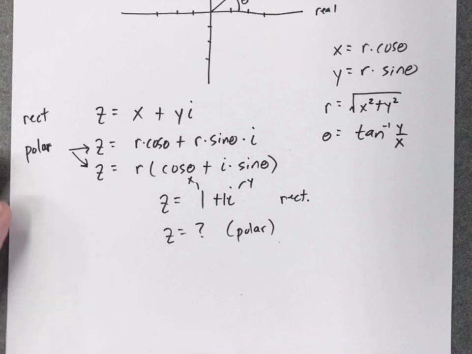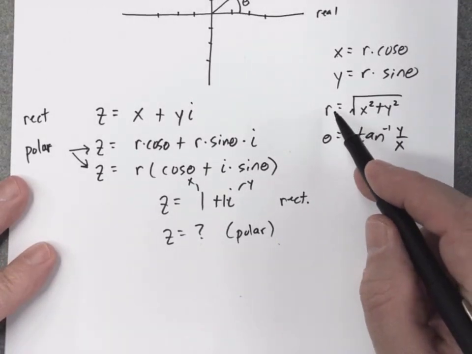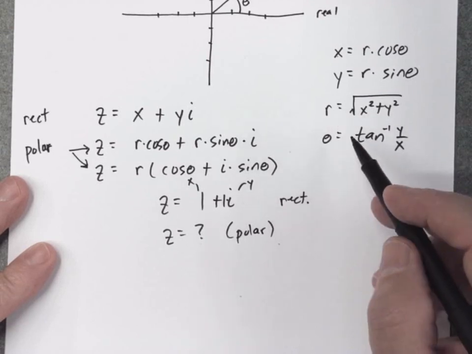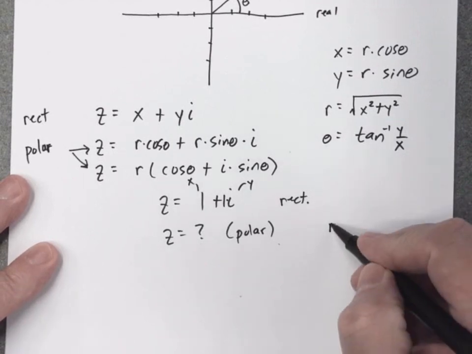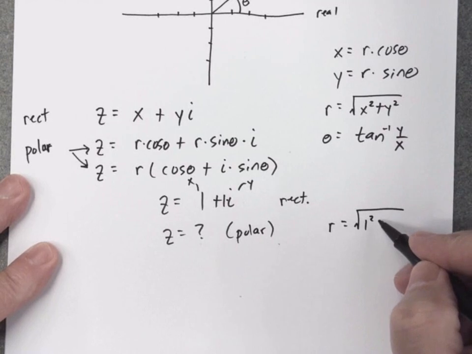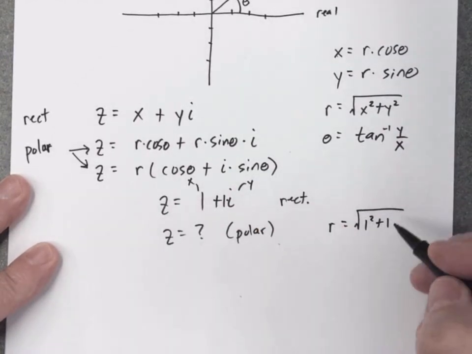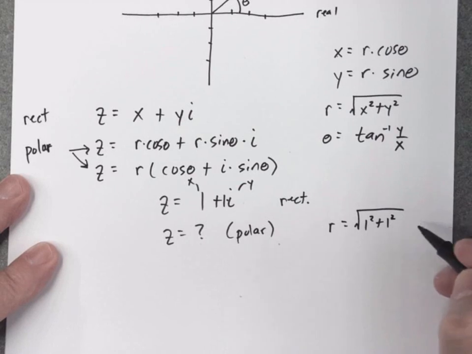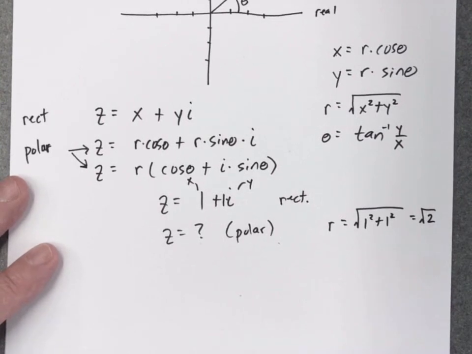Since I know x and y, I'm going to use these two equations. Use this equation to find r. Use this equation to find theta. So r: x is 1 squared, y, the imaginary part, is 1, so I square it. 1 plus 1, looks like r is square root of 2.